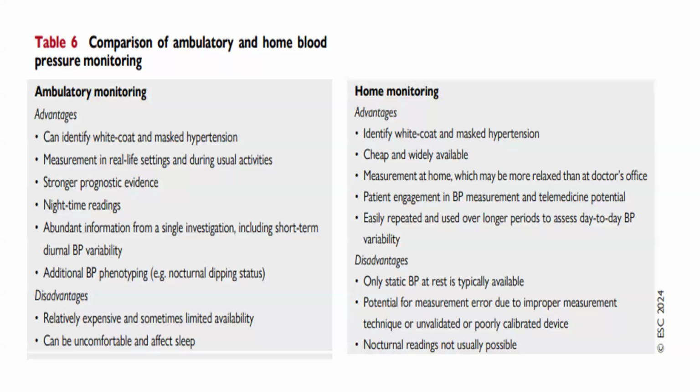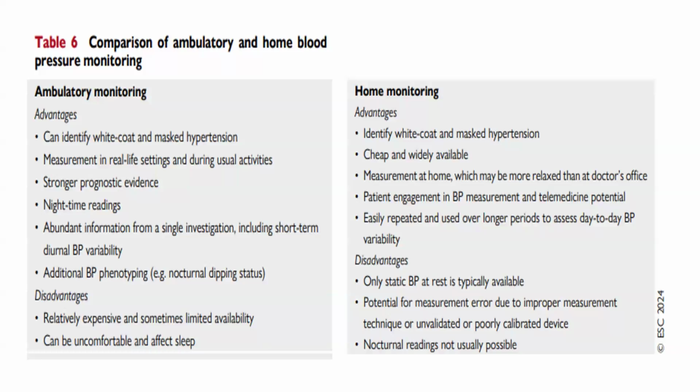It gives abundant information, including short-term diurnal blood pressure variability, and also about nocturnal dipping, because it reads the nighttime blood pressure. The disadvantage is it's relatively expensive, and it can be uncomfortable and affect sleep because the blood pressure recordings are taken every 15 to 30 minutes.